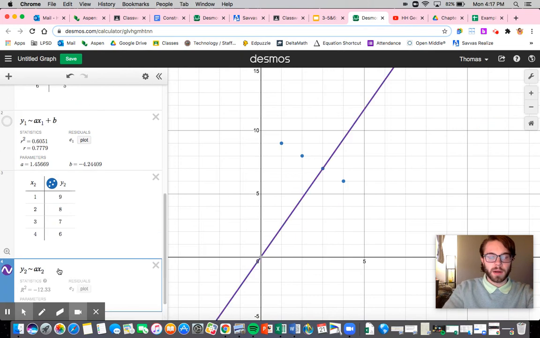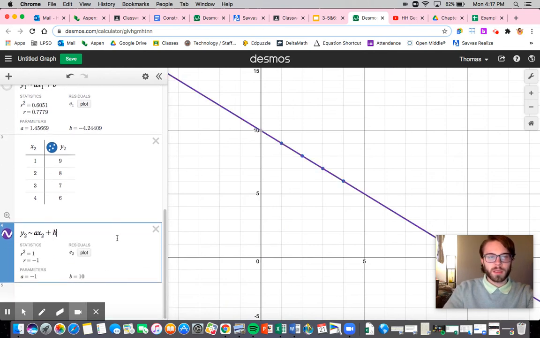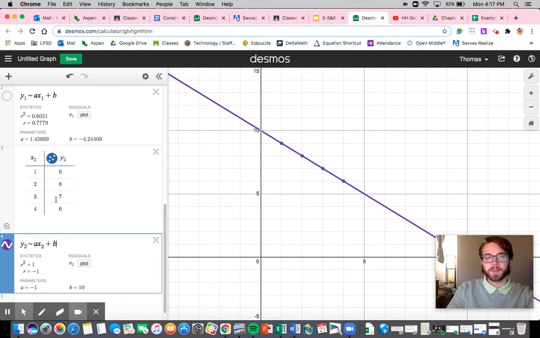Nope, not A1. Sorry, A2, plus B. Now, you'll see what has happened here is I got a line that goes directly through all of my points. That's because all my points were already in a line to begin with. So the best line for that set of points is just the actual line that goes through it.